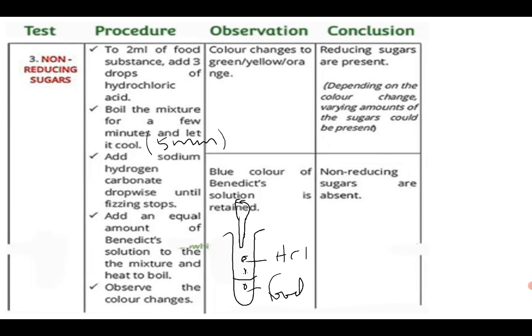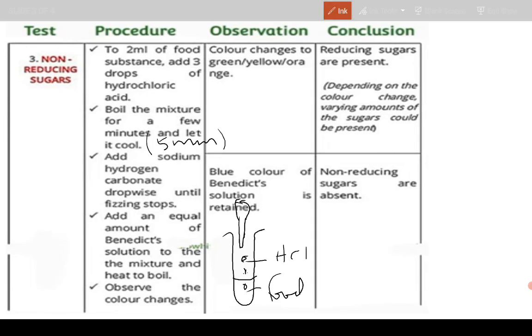Having boiled the mixture for 5 minutes or less, you add the sodium hydrogen carbonate solution dropwise until fizzing stops.